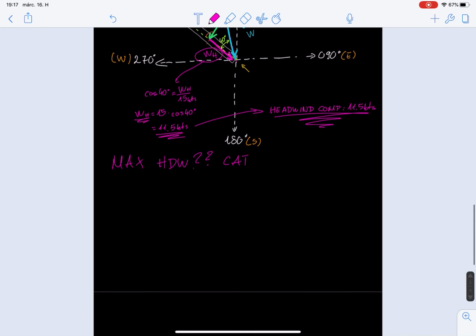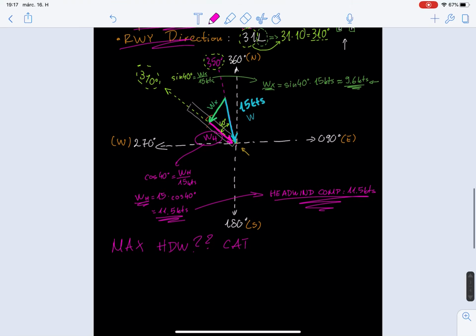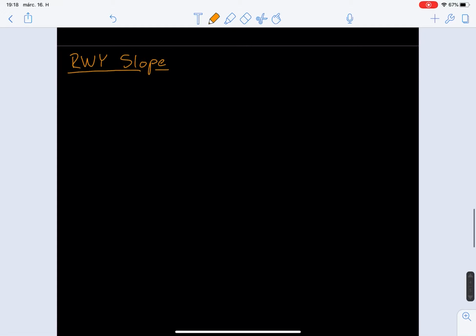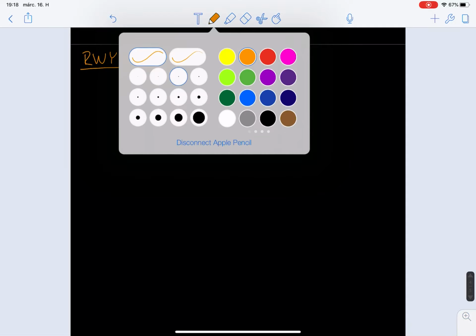Okay. So the next area we're going to talk about briefly is the effect of runway slope. So runway slope is also going to have an effect on takeoff. We discussed briefly in our last session the effect of slope, but let's go through it again.